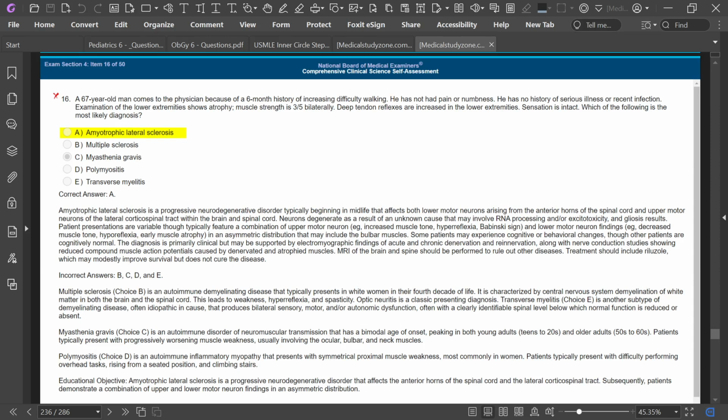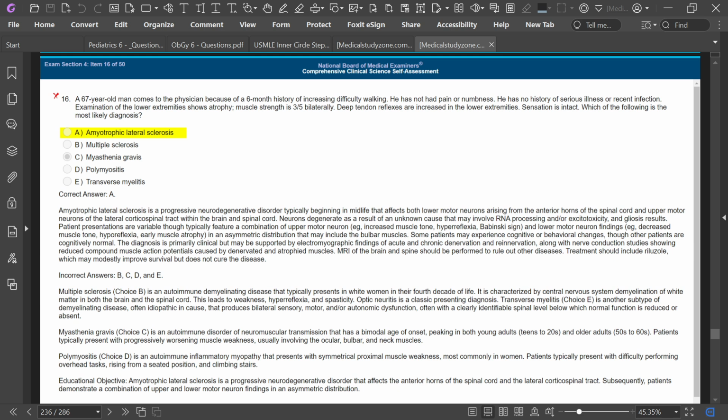Amyotrophic lateral sclerosis is a progressive neurodegenerative disorder typically beginning in midlife that affects both lower motor neurons arising from the anterior horns of the spinal cord, and upper motor neurons of the lateral corticospinal tract within the brain and the spinal cord.